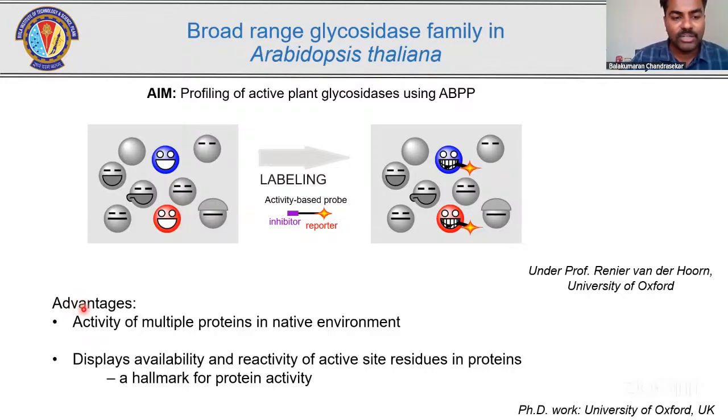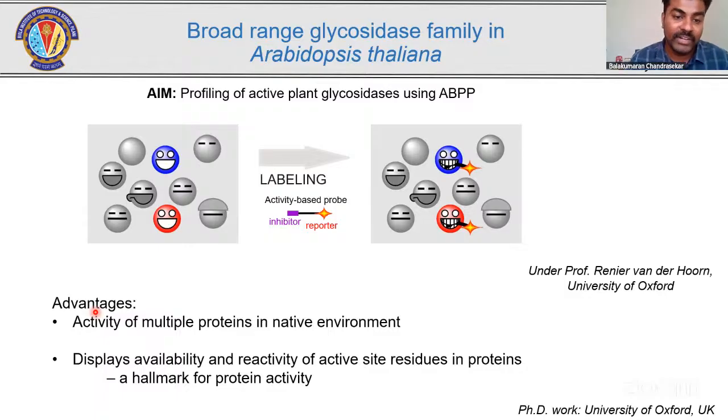The main advantage of using activity-based protein profiling technology is that the activity of multiple proteins can be monitored in a native environment without the need for purifying the particular proteins. So activity-based protein profiling was a very important technology for profiling glycosyl hydrolases, because I have already told you that glycosyl hydrolases are not one family, but a bunch of families in plants. They are not yet characterized, and there are multiple proteins in the plant.